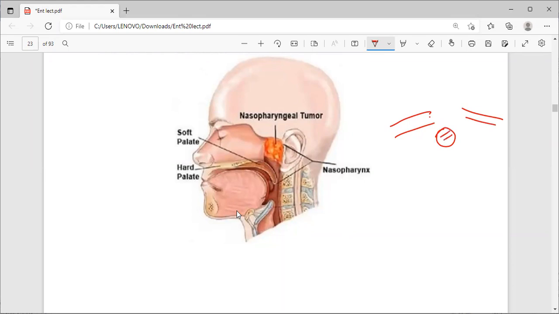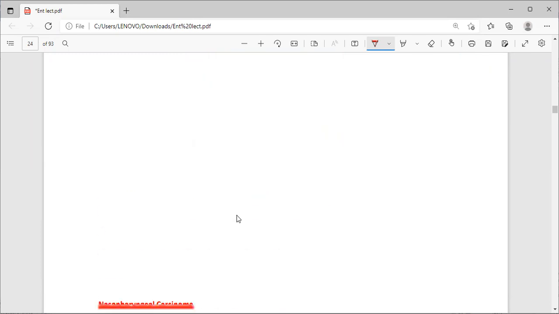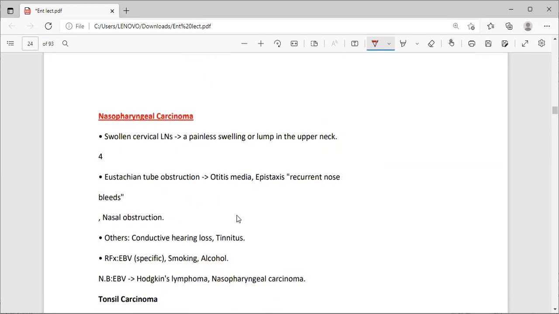Suppose this is a nasopharyngeal carcinoma: it will block the eustachian tube, and it will lead to otitis media and all of that. It can also progress and metastasize to nearby organs.